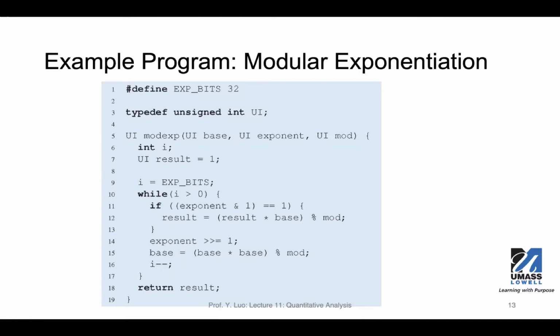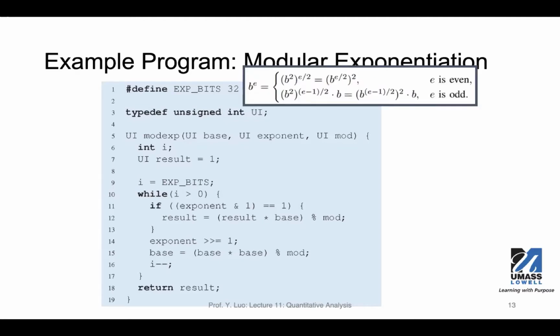Okay, so it's a very simple program. You don't have to know too much about the encryption algorithm, but we're just looking at this simple modular exponentiation function to see how some algorithms are implemented in C.